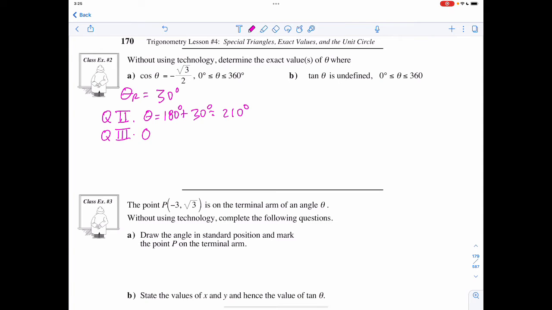In quadrant 3, my theta is going to be, oh, sorry, I did those backwards. This one's going to be minus, and that's going to give me 150. This one is going to be 180 plus 30 degrees, or 210 degrees. Theta is equal to 150 degrees, or 210 degrees.